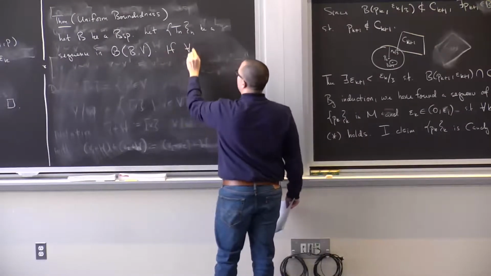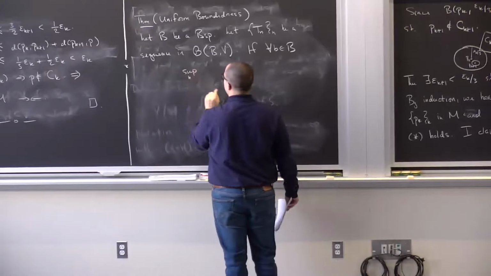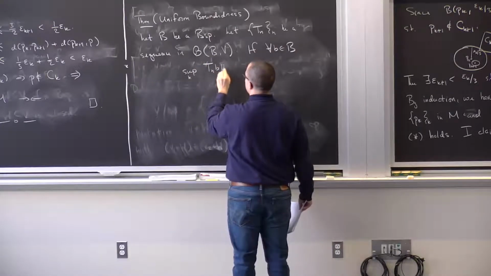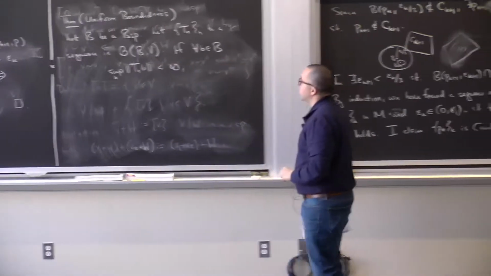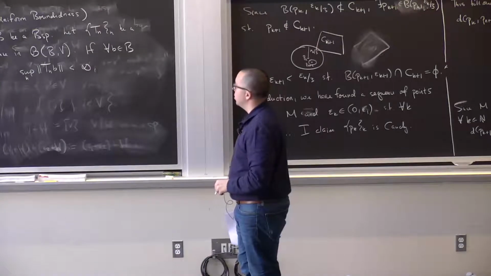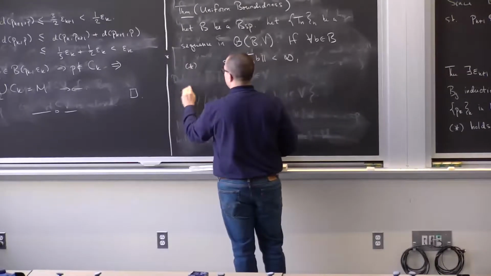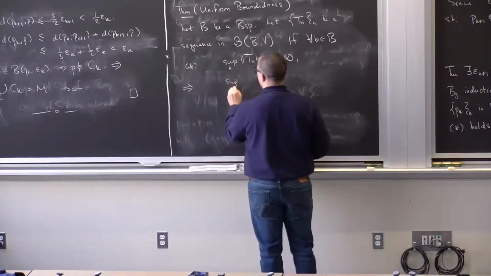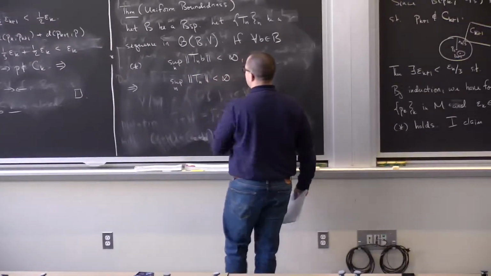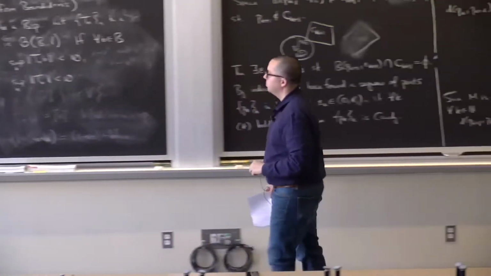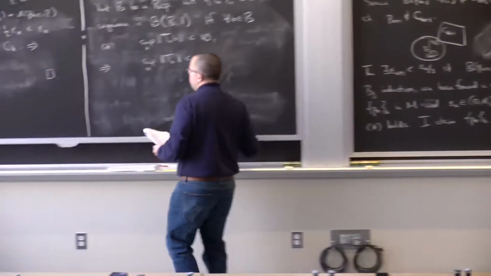If for all b in capital B, sup over n of the norm of T n b is less than infinity. So if I assume that this sequence is pointwise bounded, then I can conclude that they're uniformly bounded, namely the sup of the operator norms is bounded. Okay? All right.